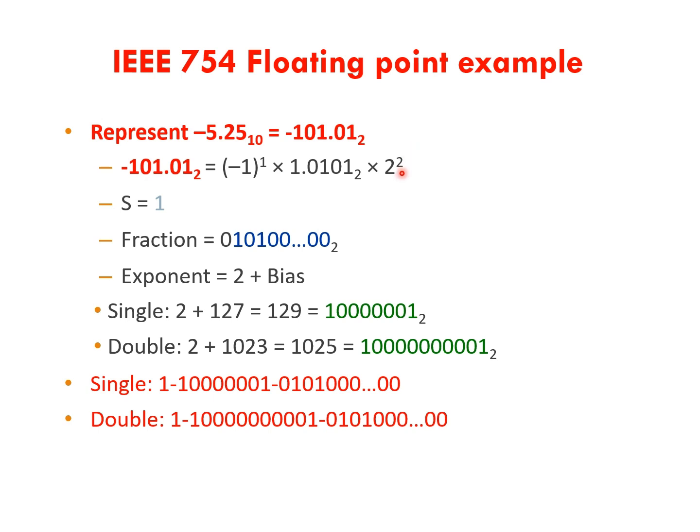For floating point representation, we add 127 to 2, so it becomes 129. 129 is equivalent to this binary, and the fraction part we keep as 0101, and all other bits are 0. For double precision, the exponent is 11 bits, the bias is 1023, and the fraction is like this.